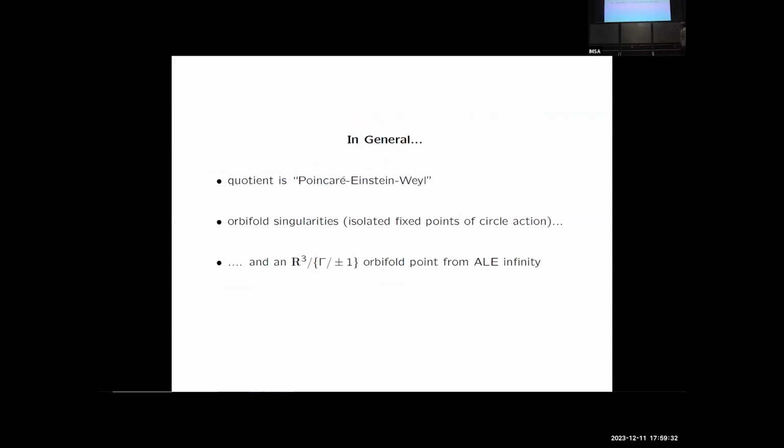In general, you can say that the quotient is, I'd like to say, Poincaré-Einstein-like. A Poincaré-Einstein metric is usually defined as a metric on a manifold with boundary which satisfies Einstein's equations on the inside, and where it blows up on the boundary, but the conformal structure extends over the boundary.